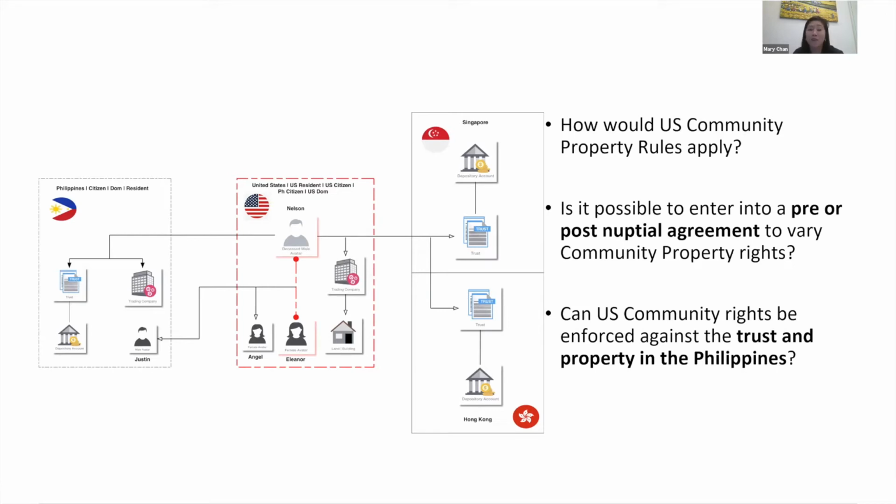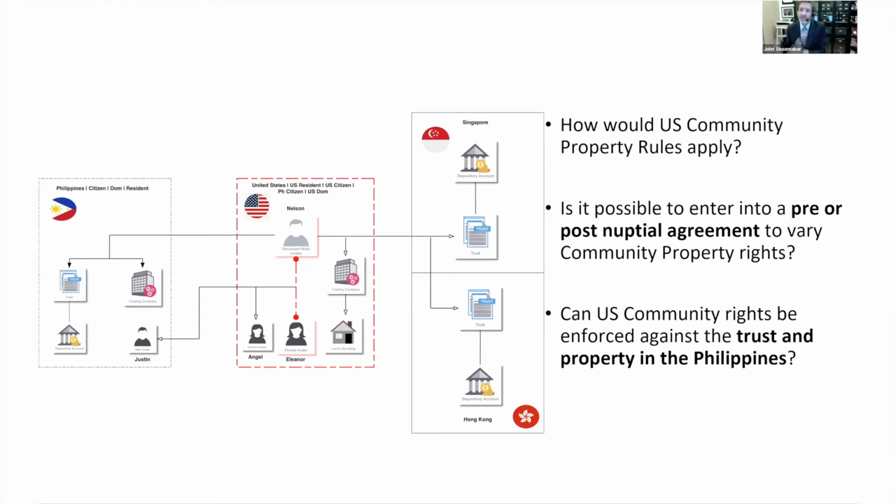So, John. Yeah, we touched on these concepts earlier. I think the very important things to keep in mind are which state definitions might apply, and understanding that states have widely varying definitions of marital property.